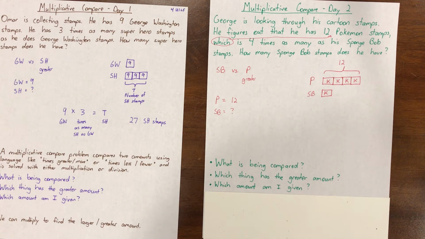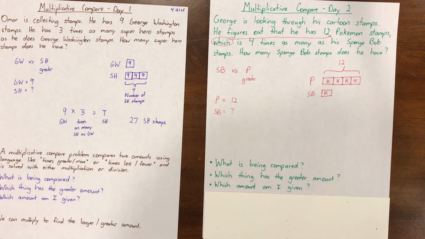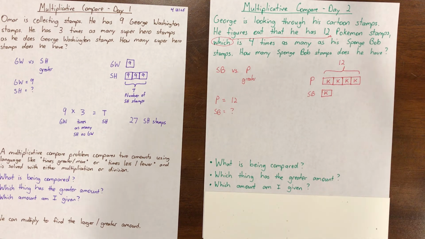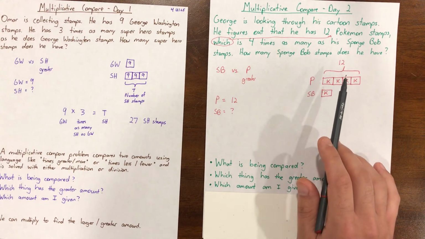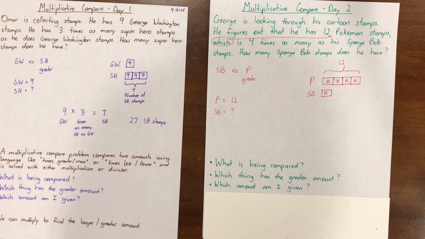Yesterday, we wrote the given amount in each group because it was the smaller amount and we had to repeat it multiple times to get the bigger amount. Today, we don't know the smaller amount that we're repeating, so we put a variable for our groups. Our given amount today is the larger amount, which is like the total in the tape diagram. Yesterday, we didn't know the larger amount, so we used a variable for the total. Okay.